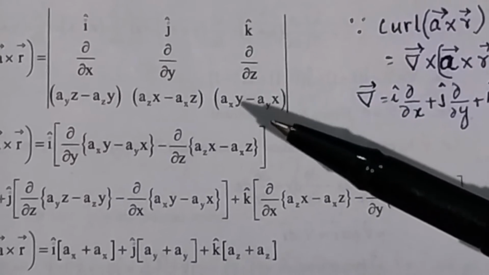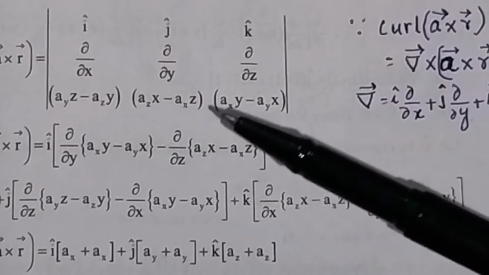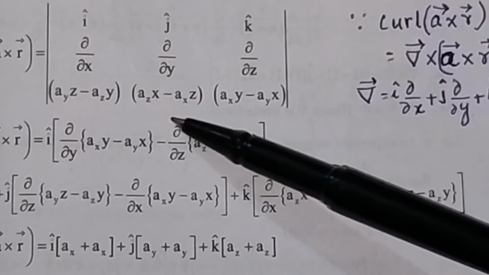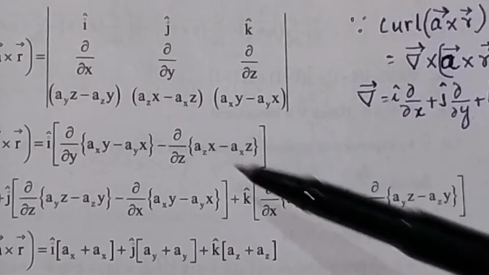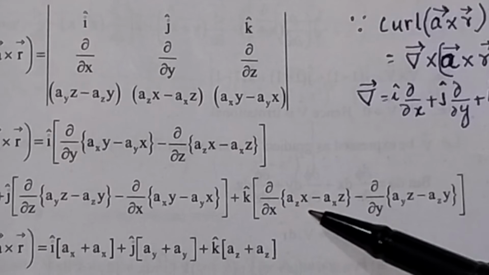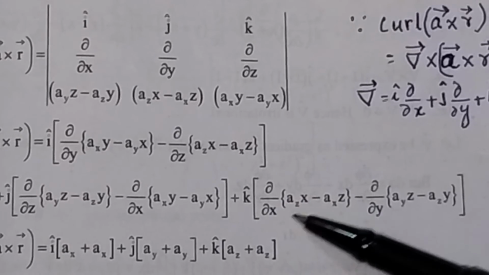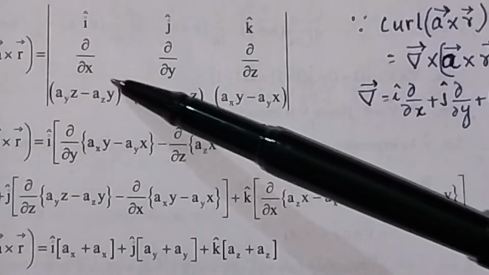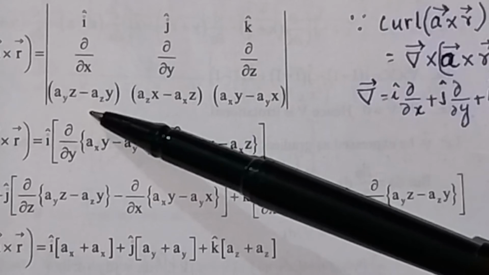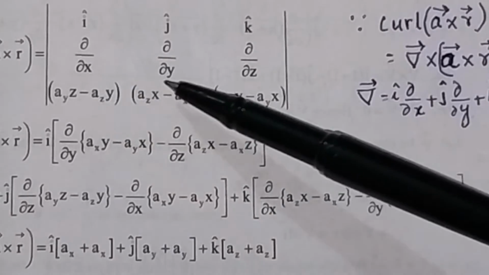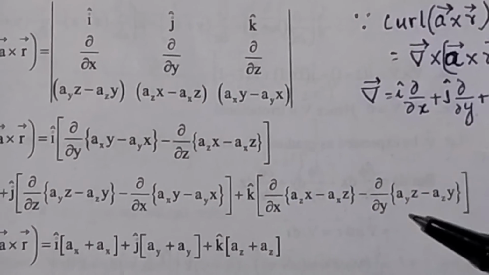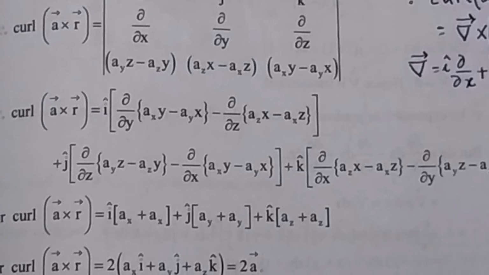So you have partial derivative of Az x minus Ax z with respect to x, minus partial derivative of Ay z minus Az y with respect to y. So you have three terms.